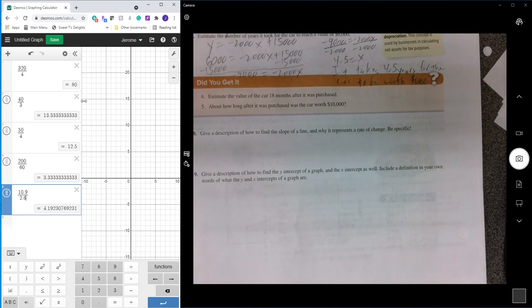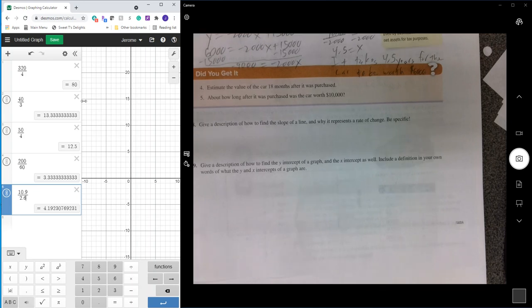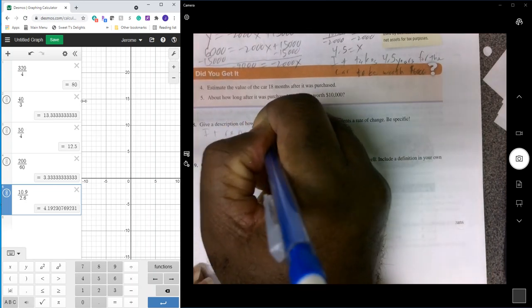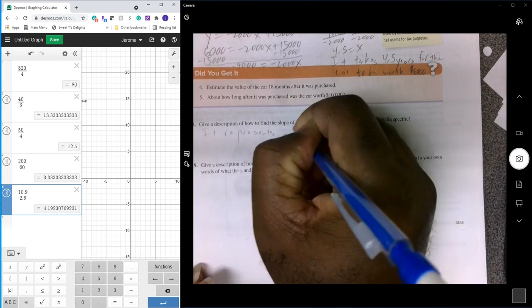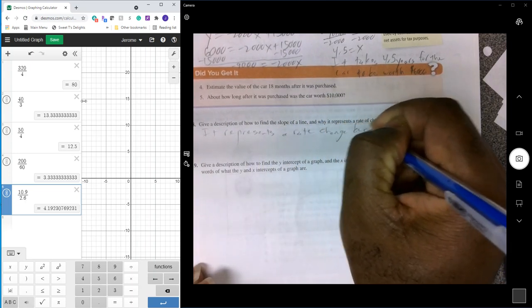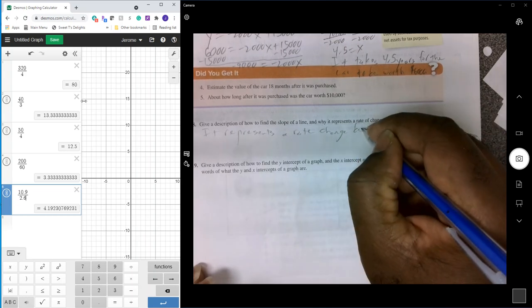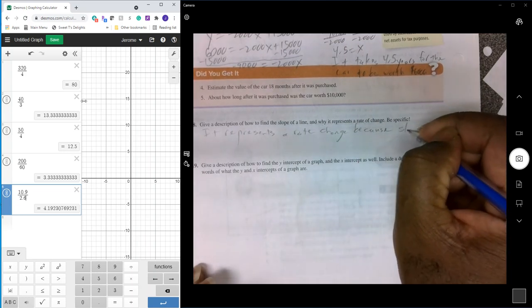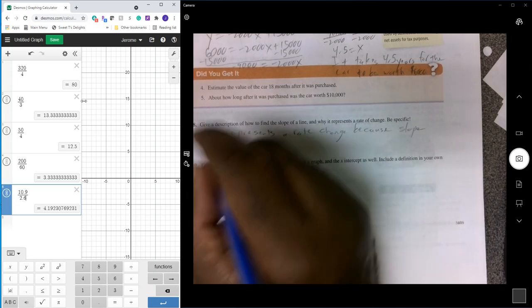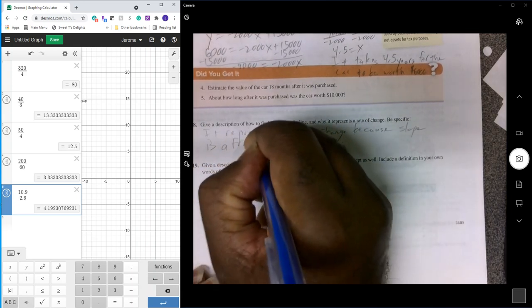All right, now it says give a description of how to find the slope of a line and why it represents a rate of change. I'm going to start off with why it represents a rate of change. It represents a rate of change because slope is a fraction.